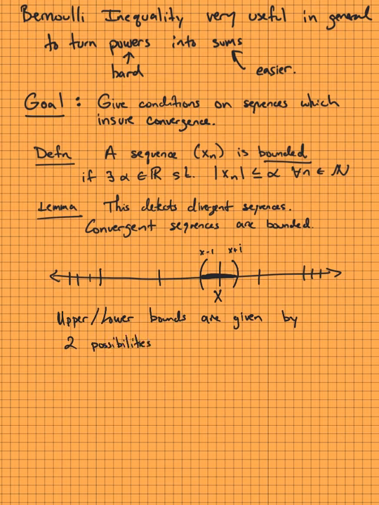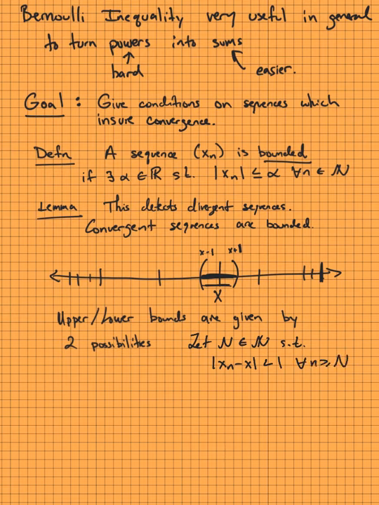Either it reaches its upper bound at some point before it's forced to live in the interval (X minus 1, X plus 1). So, in particular, let N in the naturals be such that the absolute value of Xn minus X is less than 1 for all n bigger than N.